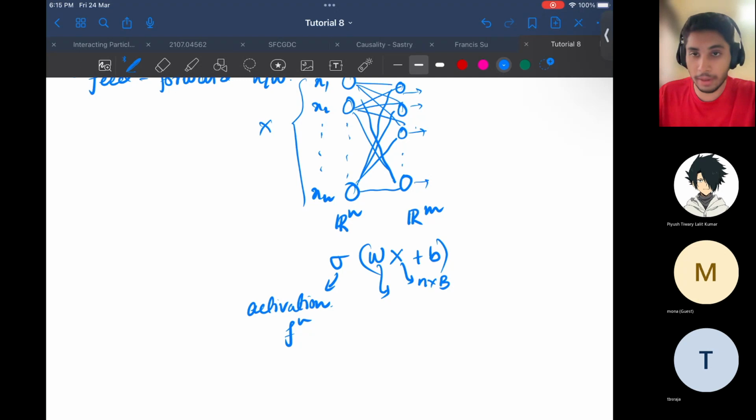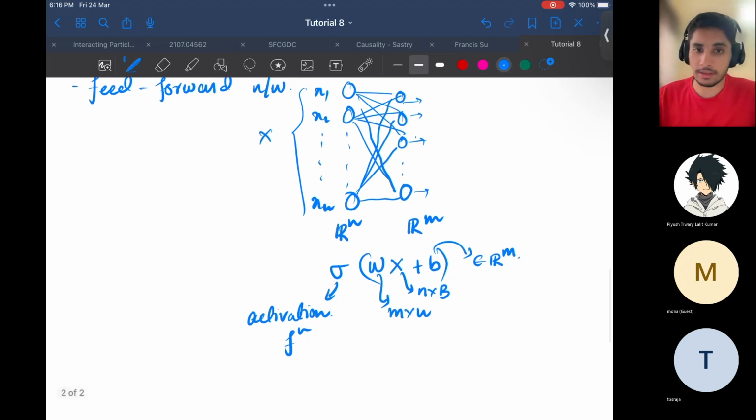So to match the dimensions so that the matrix multiplication is correct, it should have a dimension of m cross n. And what would be the dimension of b? It would be the same as the dimension of the outputs of this layer, which is Rm. So this is basically one layer.